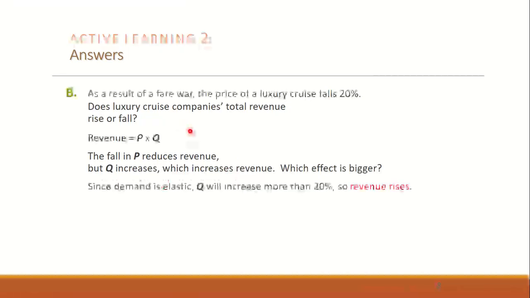Now we come to the answer of question B. As a result of a fare war, the price of a luxury cruise falls 20%. Does luxury cruise companies' total revenue rise or fall? Here again, revenue is equal to price multiplied by Q. The fall in price reduces revenue, but quantity increases, which also increases revenue.